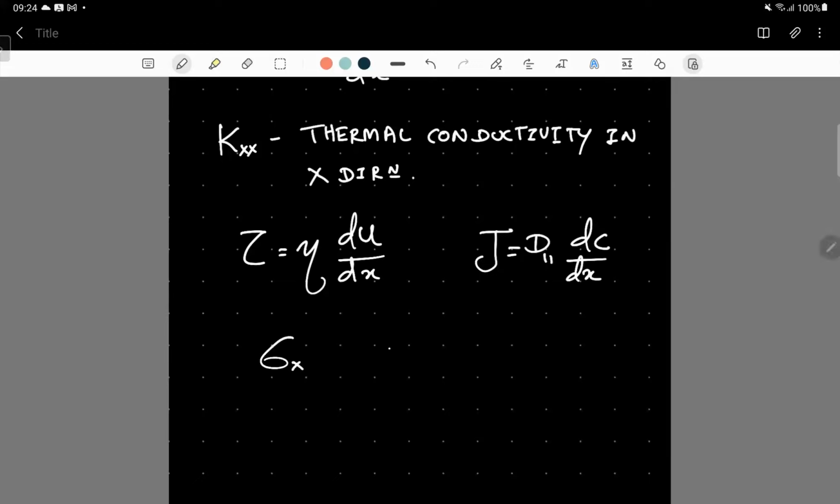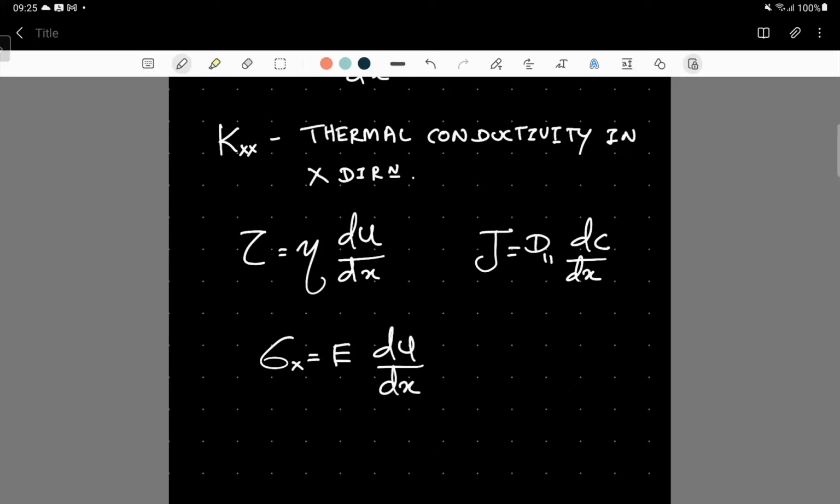The strain could be written as du by dx, and in this case, you can see the constitutive equation which we have already used is sigma x equals the modulus of elasticity times the strain in the system.